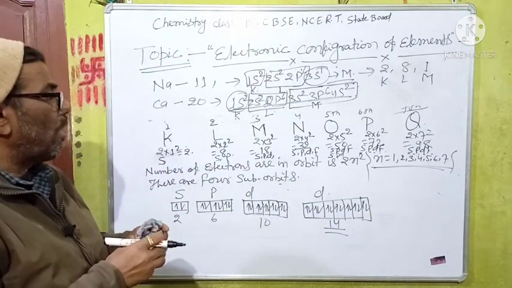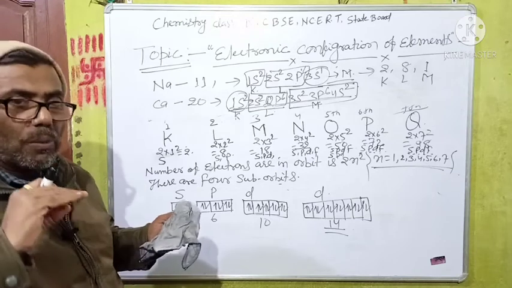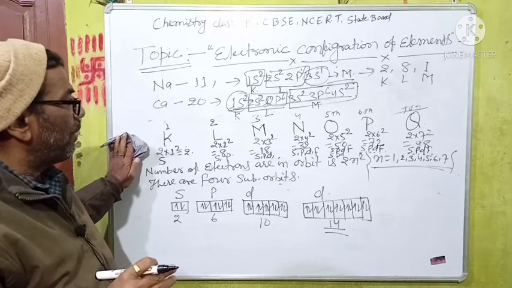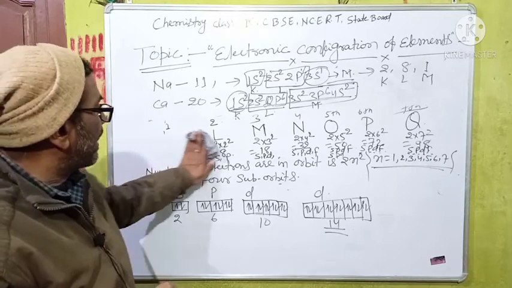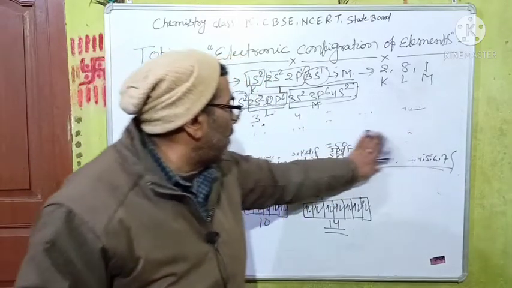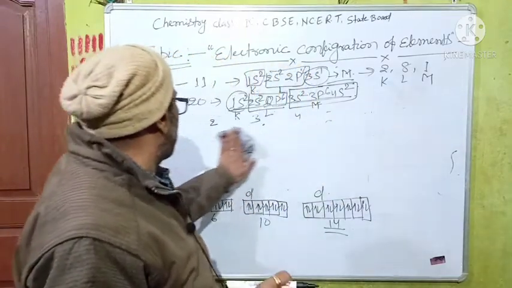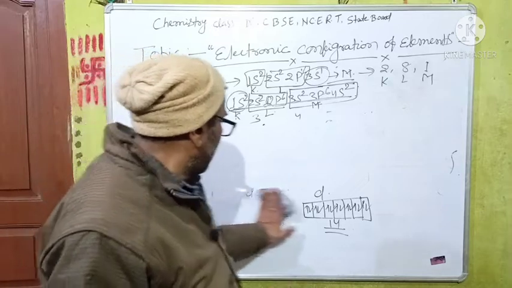One rule is also how electrons are filled in the S, P, D, F subshells. So we can make one formula, one adjustment.